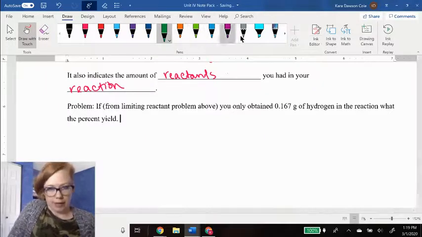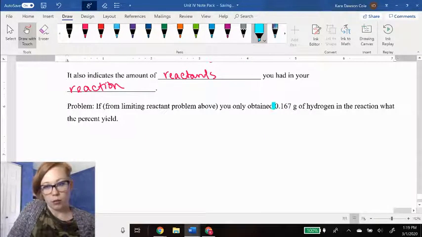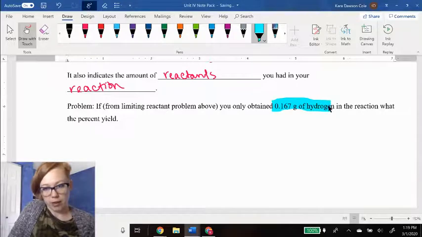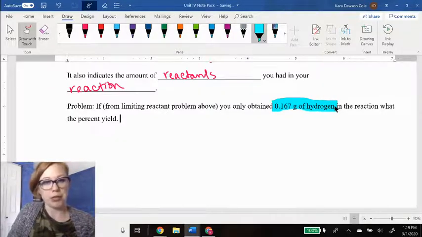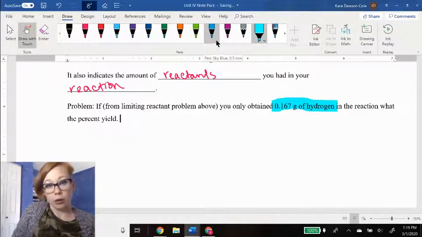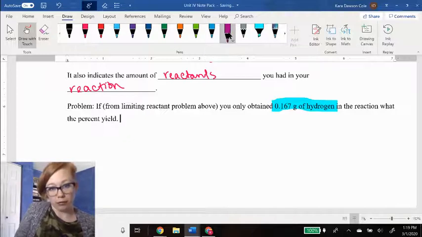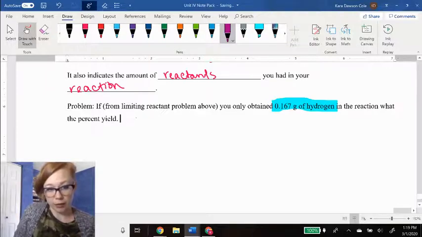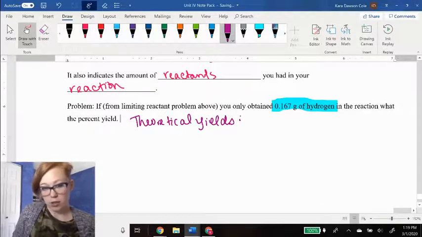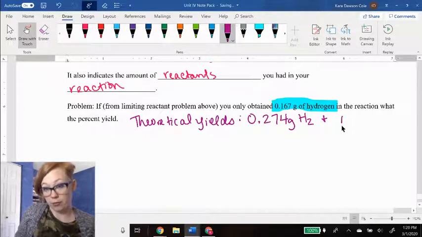Okay. So then looking at this problem here, if you only obtained 0.167 grams of hydrogen in the reaction, what was your percent yield? Well, I know from the above that my theoretical yields were 0.274 grams of hydrogen, and 12.1 grams of aluminum chloride.